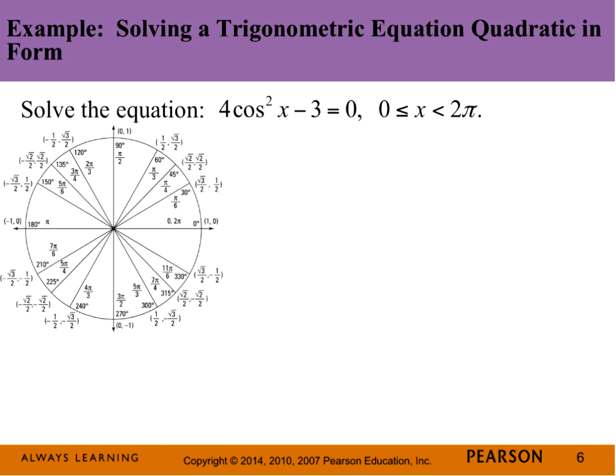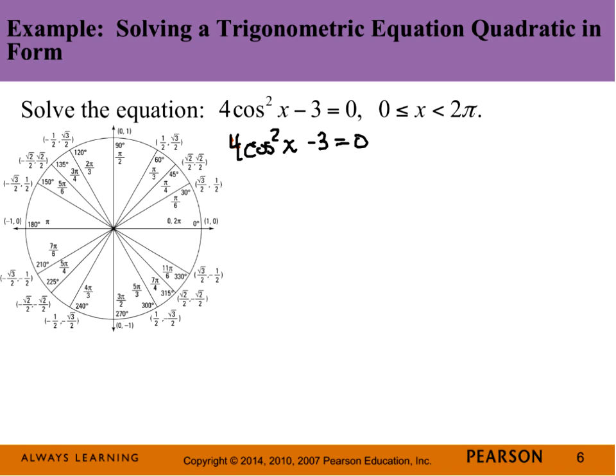Okay, so solving a quadratic equation in quadratic form. So we start out, and this one really is from 0 to 2 pi because the period for cosine is 2 pi. So let me get my black pen. 4 cosine squared of x minus 3 equals 0.